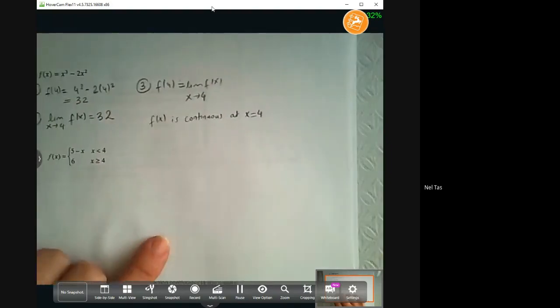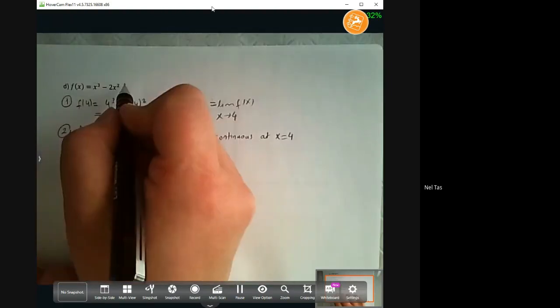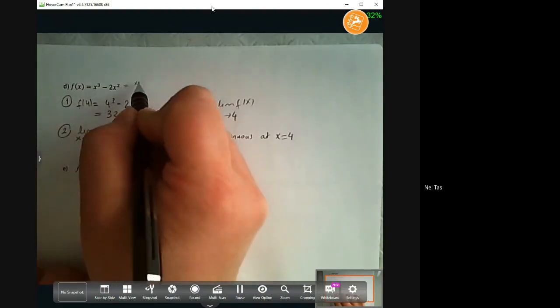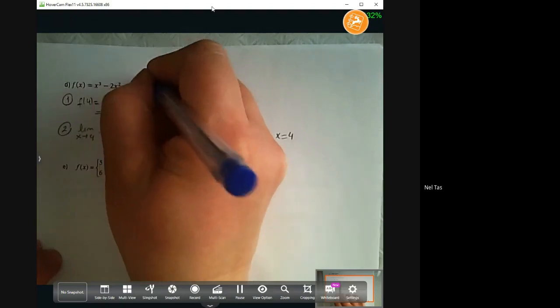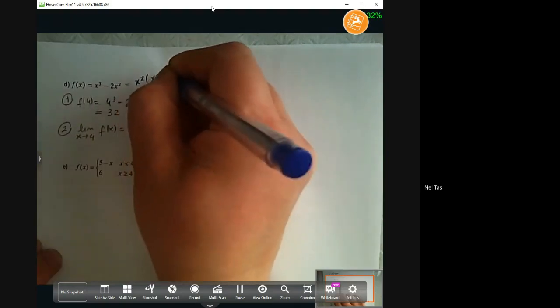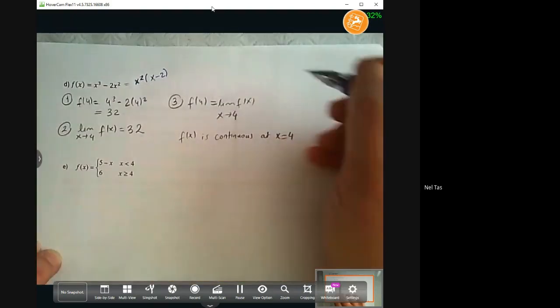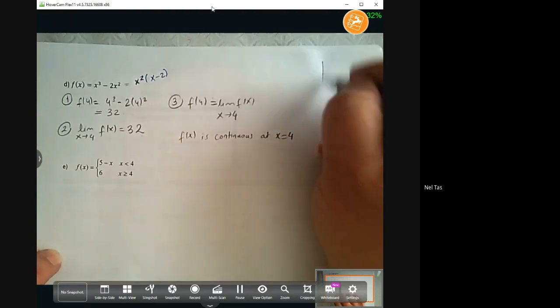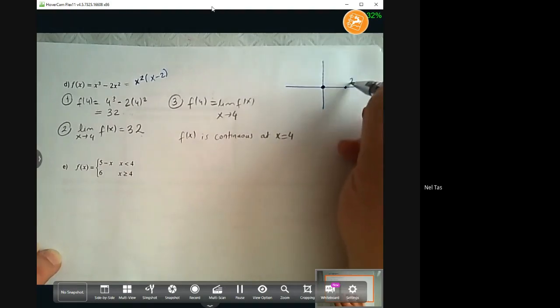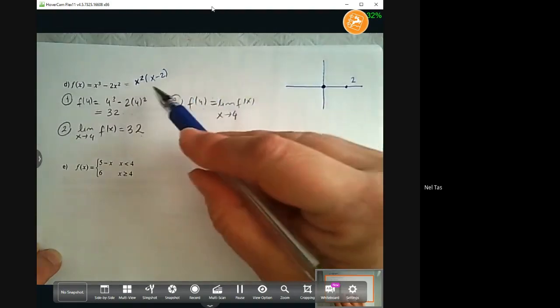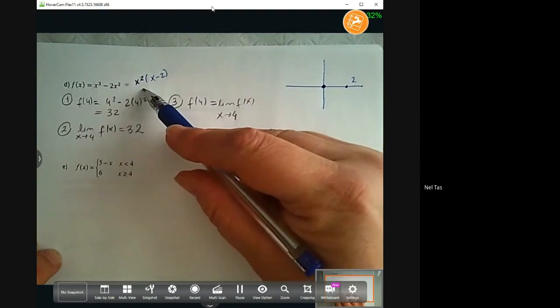And actually, if you were to sketch this, you could factor x squared, which gives you x minus 2 here. If you sketch, zeros are 0 and 2. It's a cubic function with a positive leading coefficient.